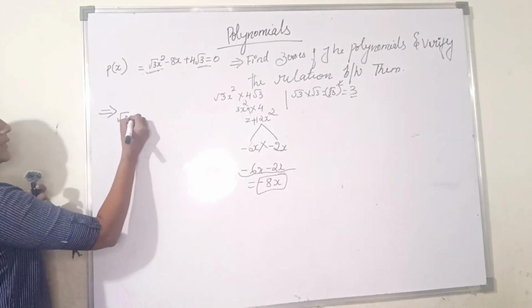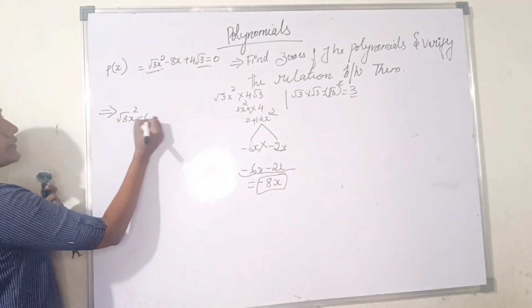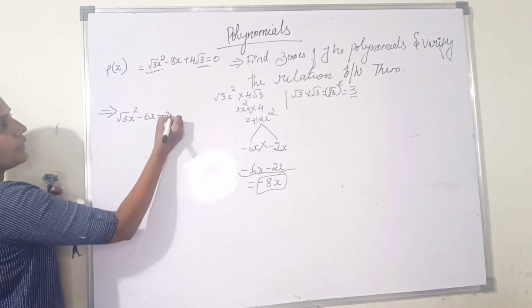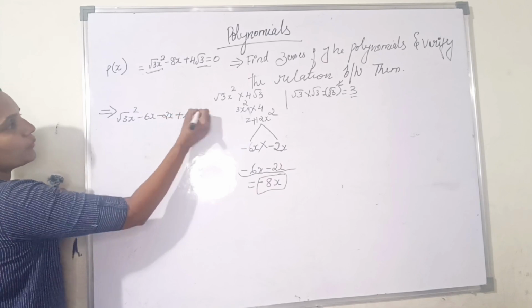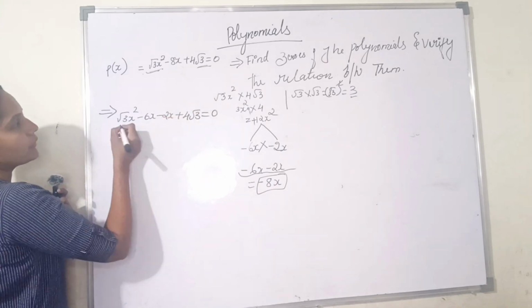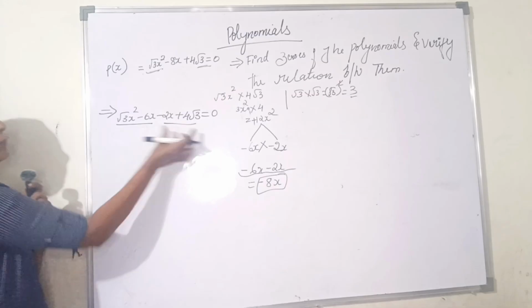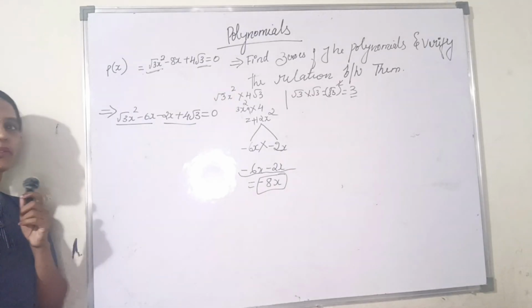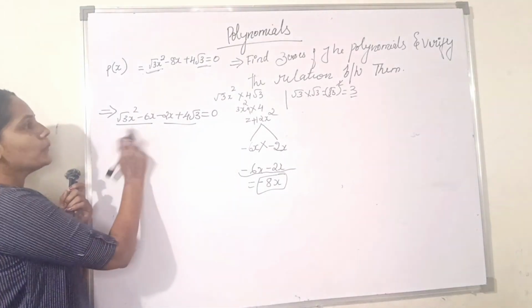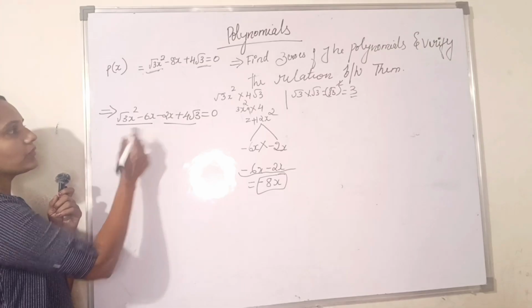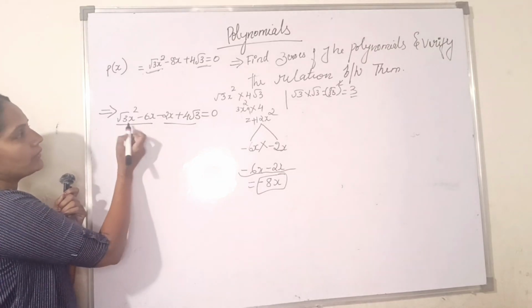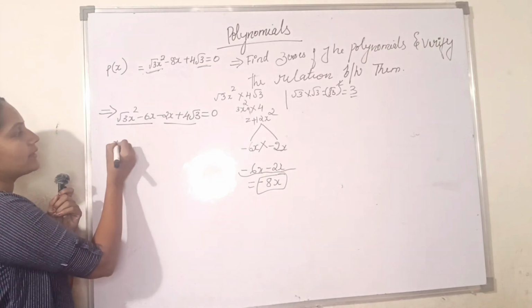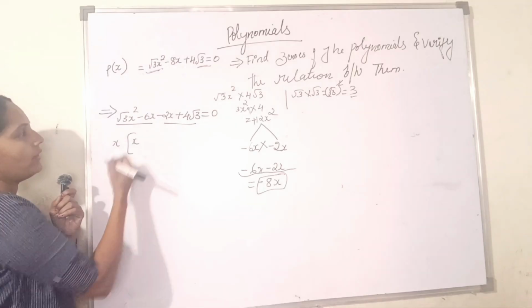Here, root 3x square minus 6x minus 2x plus 4 root 3 equal to 0. Now the next step is grouping two terms. Now group it here. What is the common term you will take? Looking at this, you can say that x is common.